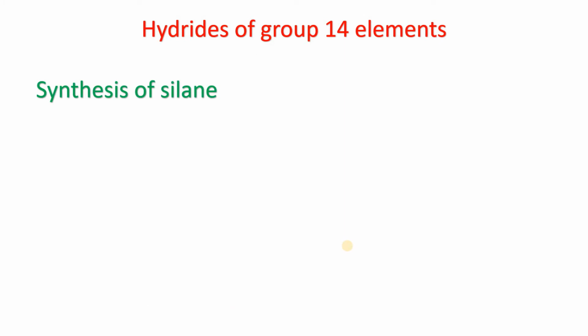And the synthesis of silanes, how will we synthesize silanes? I am not going into the synthesis of alkanes, alkenes or alkynes because that is part of the organic chemistry paper. So I am starting here with silanes.